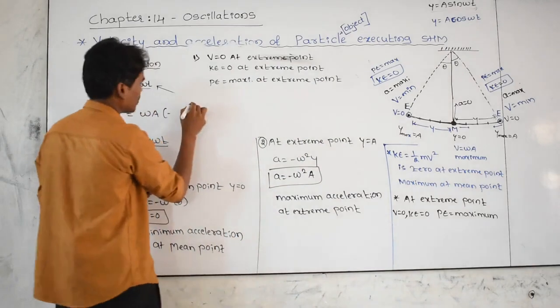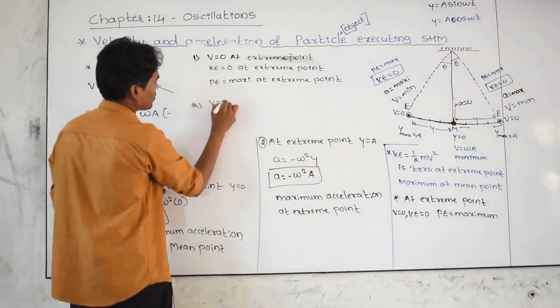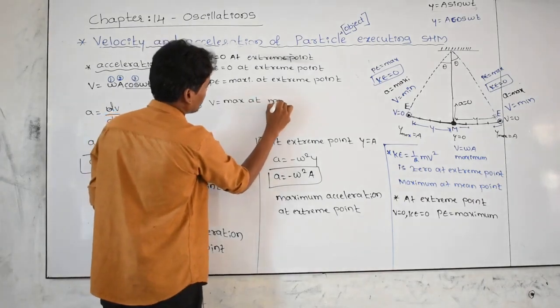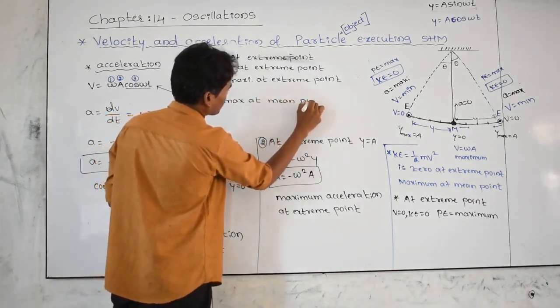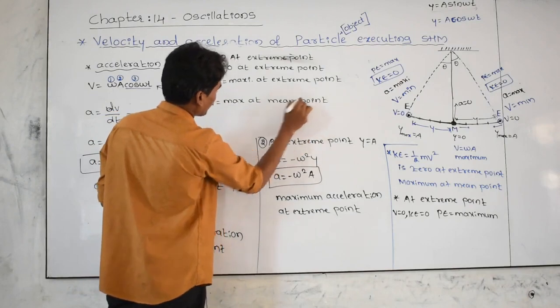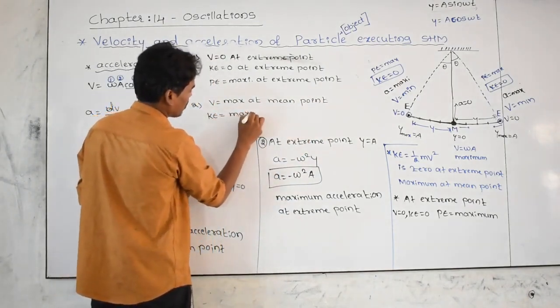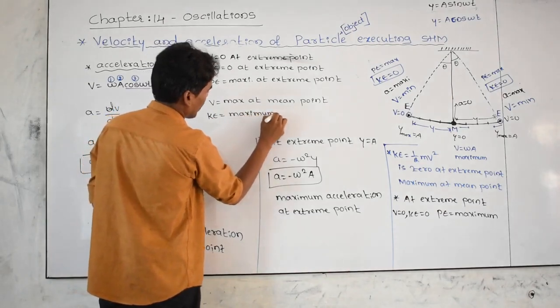And what is the second condition? That is velocity is equal to maximum at mean point. The kinetic energy is depending upon velocity. If the velocity is maximum, then kinetic energy is also maximum at mean position.